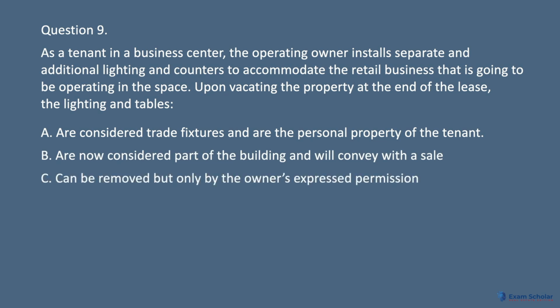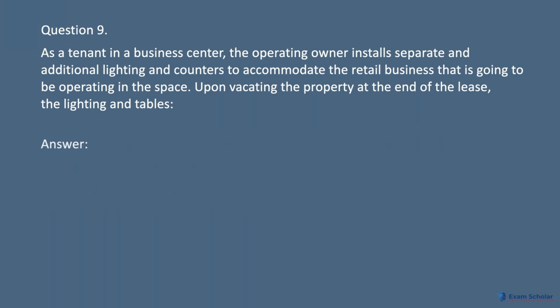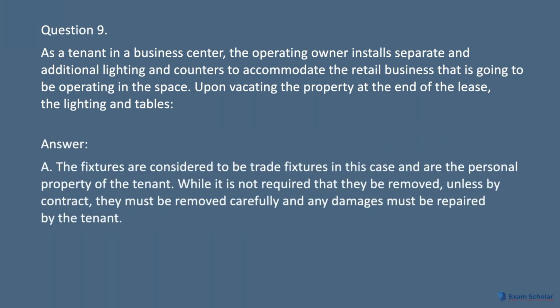C. Can be removed but only by the owner's expressed permission. D. Must be properly removed by the exiting tenant. Answer. A. The fixtures are considered to be trade fixtures in this case and are the personal property of the tenant. While it is not required that they be removed, unless by contract, they must be removed carefully and any damages must be repaired by the tenant.